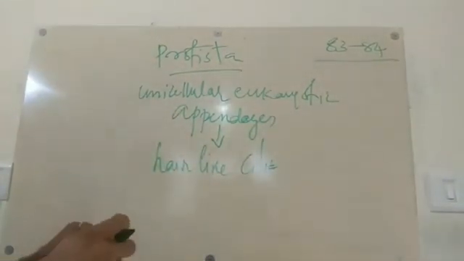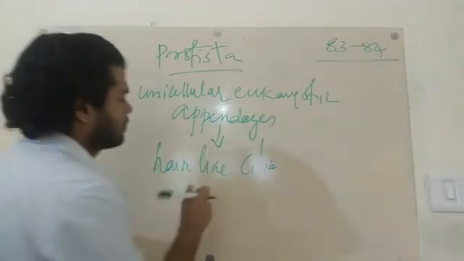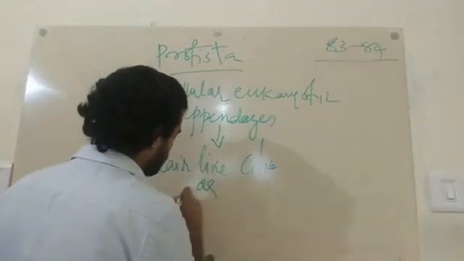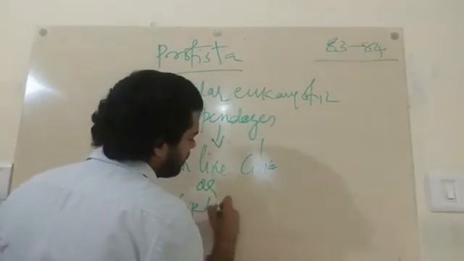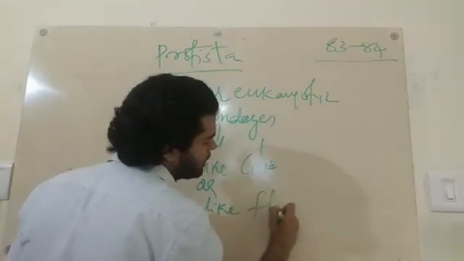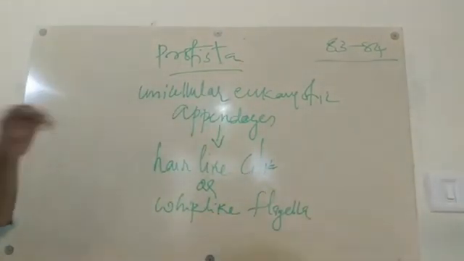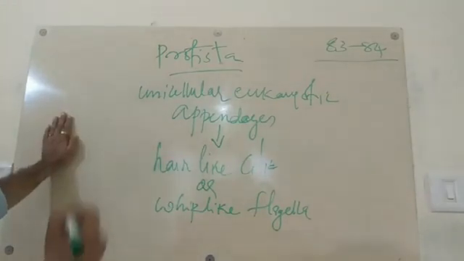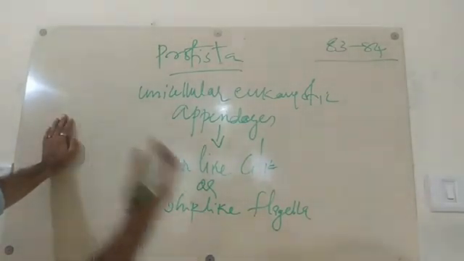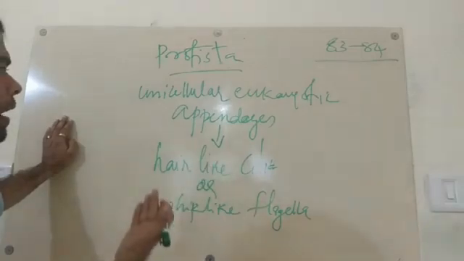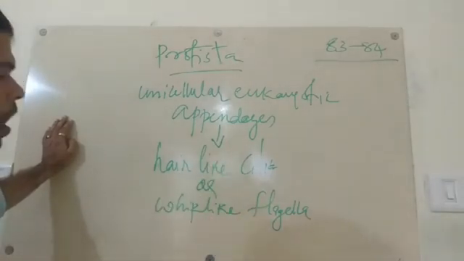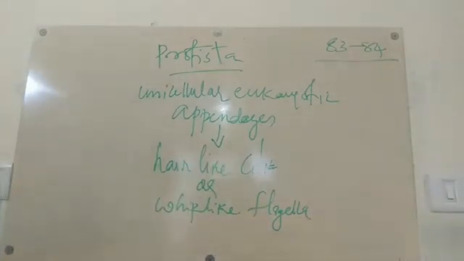Cilia, like flagella. So Protista is unicellular eukaryotic organisms which have appendages like hair-like cilia or whip-like flagella.